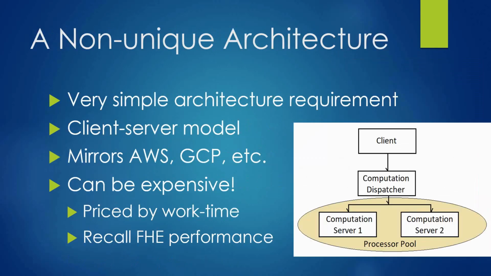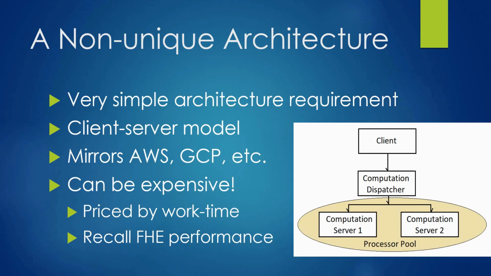And we'll also see that the architecture used for parallel processing in fully homomorphic encryption schemes is really not unique at all. It is exactly the kind of processing scheme that we see in common cloud computing platforms such as AWS and Google Cloud platforms, among others.